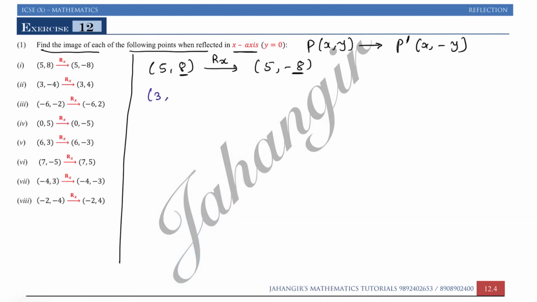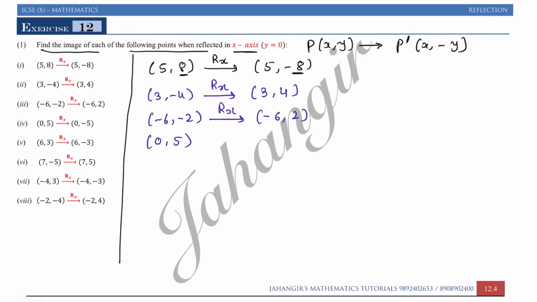Second is 3, -4. When reflected in x-axis, it will become 3, 4. Third is -6, -2. When reflected in x-axis, it will become -6 will remain as it is, y coordinate changes the sign. 0, 5.